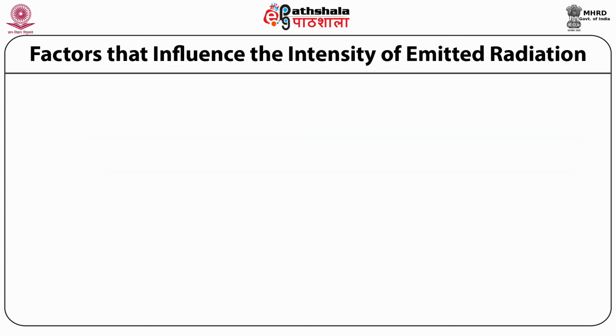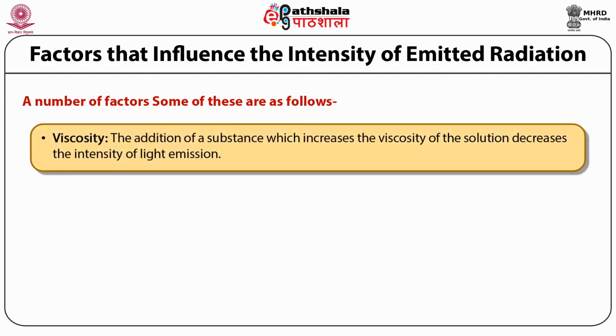Factors that influence the intensity of the emitted radiation in flame photometer. A number of factors will influence the intensity of the light emission from a given solution. Some of these are as follows. Viscosity: the addition of a substance which increases the viscosity of the solution decreases the intensity of the light emission.